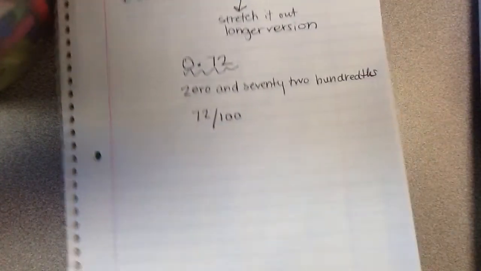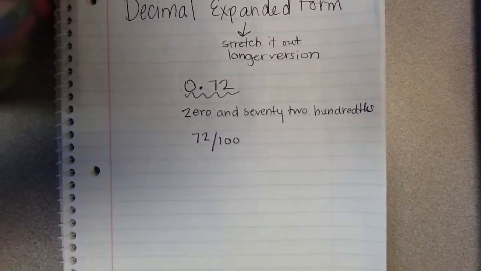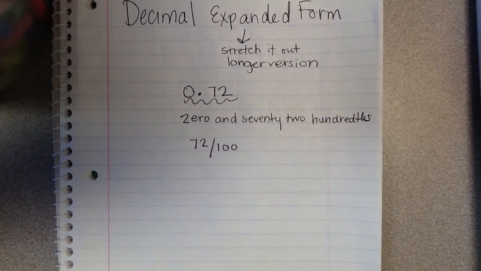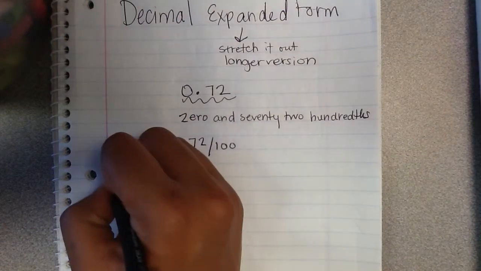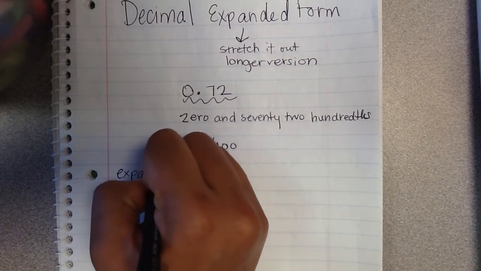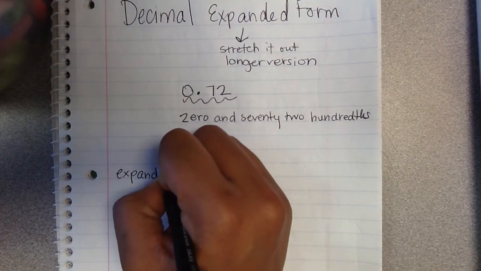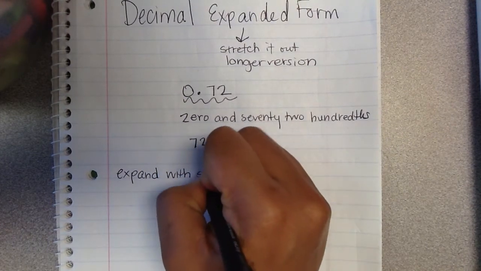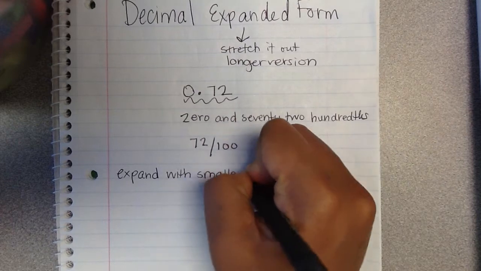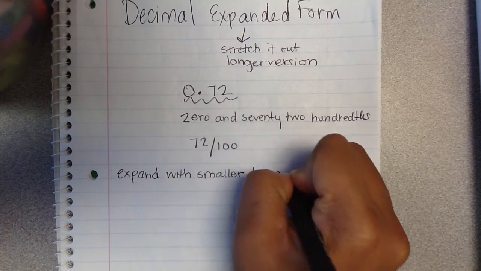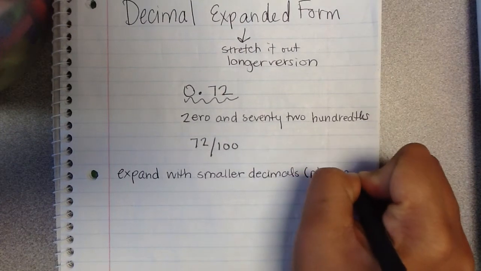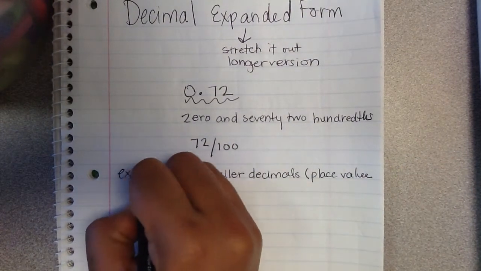All right. So when we think about expanded form, we think about stretching this number out, and there's a couple of different ways to do that. Okay? We can expand with smaller decimals, where we go place value by place value.